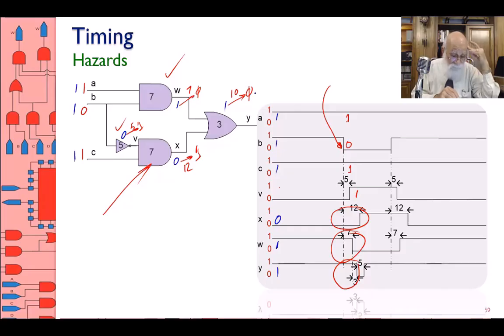At time 10, my output Y changes to 0. But then only 2 nanoseconds later, the lower input becomes 1, and therefore 3 nanoseconds after that, my output changes its mind. That means 5 nanoseconds after that, my output changes back to 1.